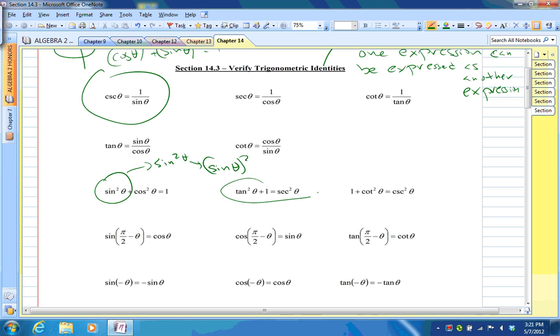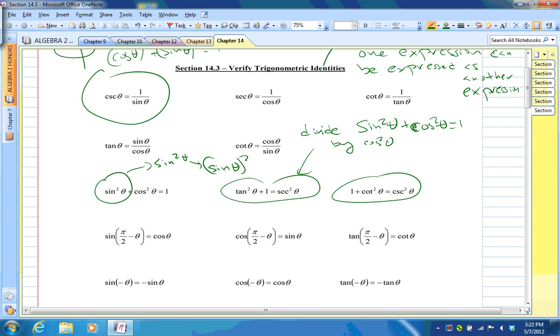These two can be obtained by doing the following. Divide sine squared theta plus cosine squared theta equals 1 by cosine squared theta.